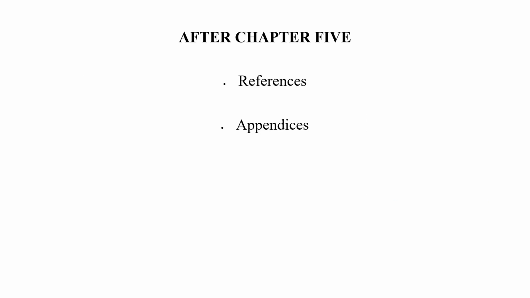After your chapter 5, of course, your references must follow, then your appendices. Your appendices must contain your research instrument, the consent letter, and every other material you have used in the study.